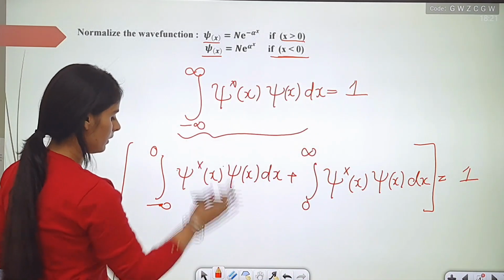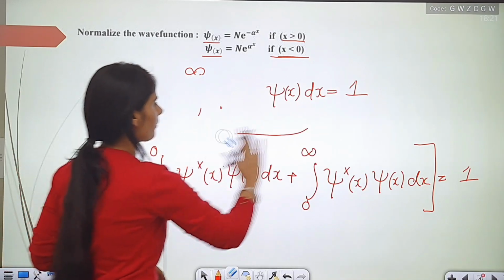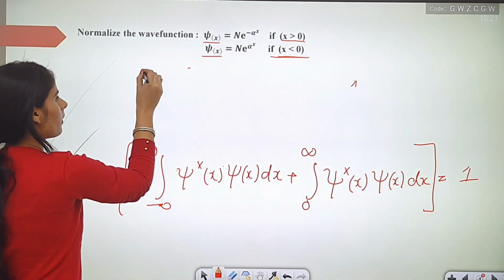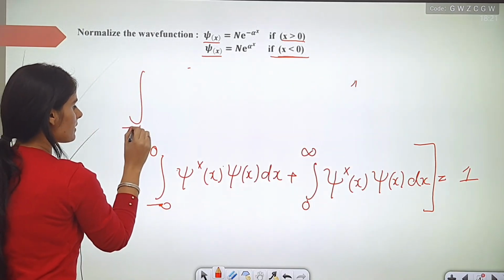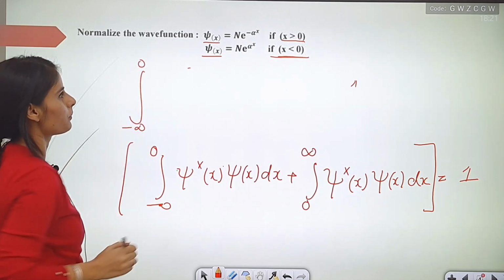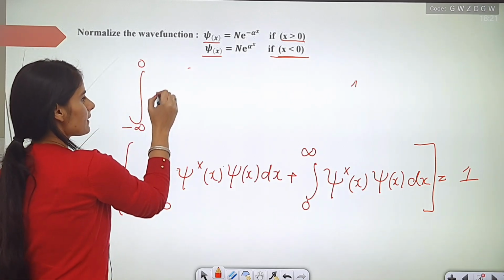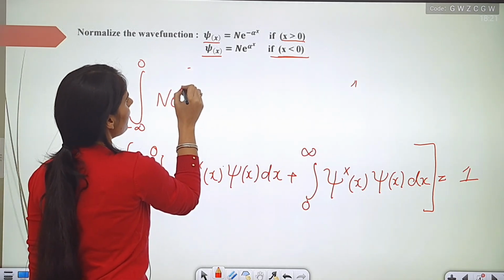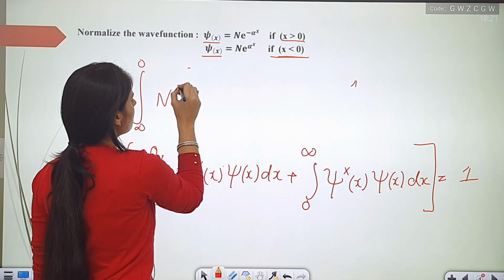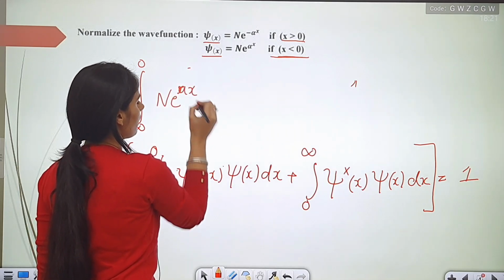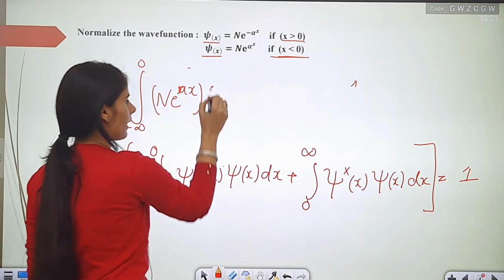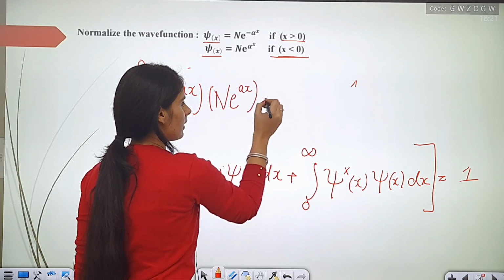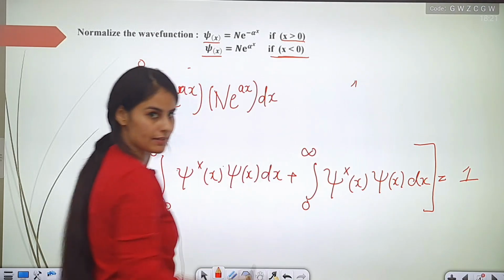So, for putting the values, from minus infinity to 0, psi star is N e raised to power ax, and psi again is N e raised to power ax into dx.